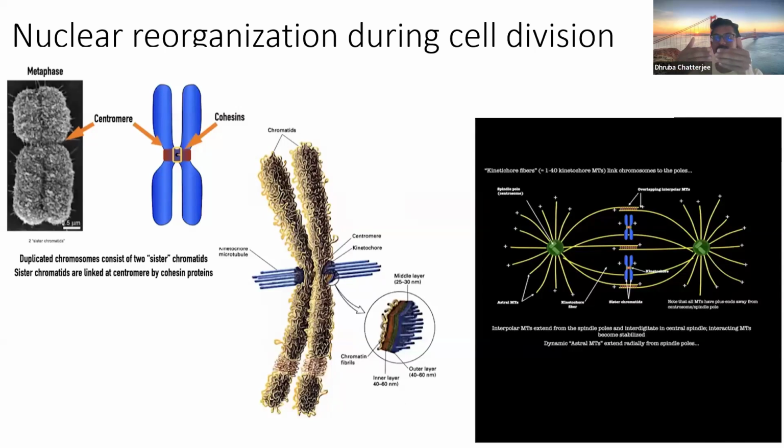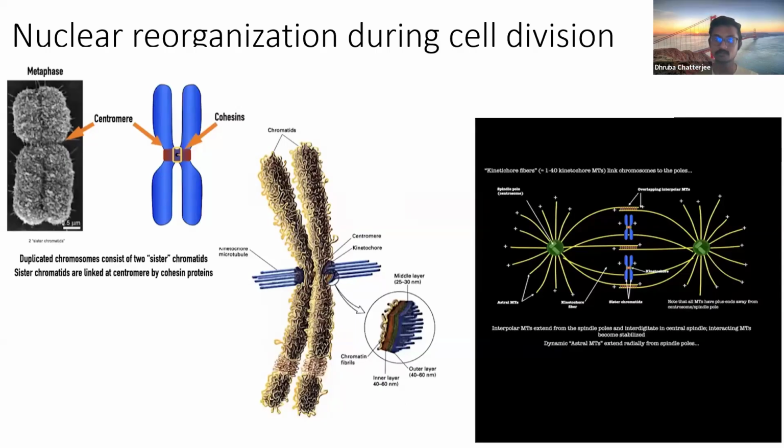Eventually, these sister chromatids will get separated in anaphase, but in metaphase, the chromatin of the sister chromatids are held together by a set of proteins which are called cohesins. Okay, so you have cohesins, then you have the chromatin, and at the very outer layer, you have a set of proteins associated with this chromatin region, which is called the kinetochore.